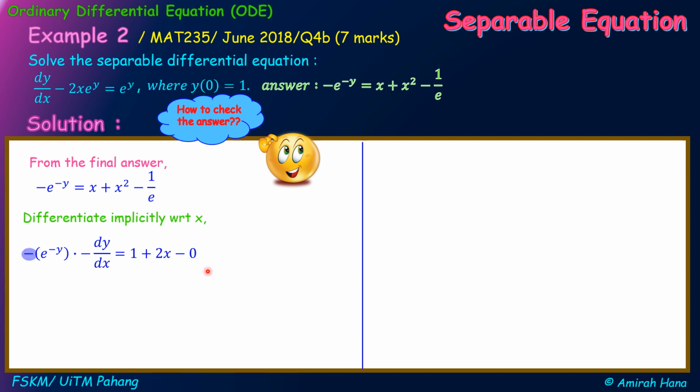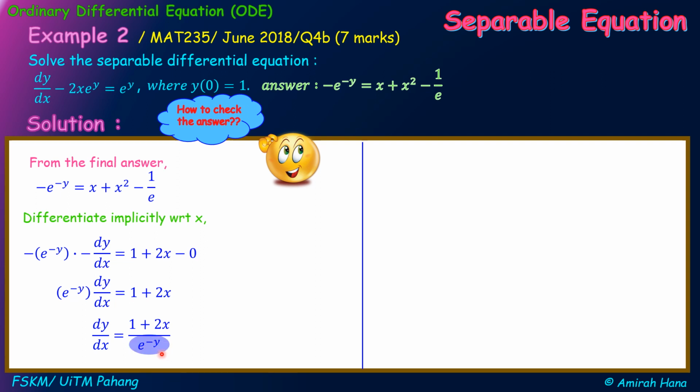After that, we can multiply negative times the negative sign here, so it becomes a positive sign. So we have e to the power of negative y, dy over dx, equals 1 plus 2x. Then we can move e to the power of negative y to the right hand side. This is a multiplication operation, so when we move it to the right hand side, we have dy over dx equals 1 plus 2x over e to the power of negative y.